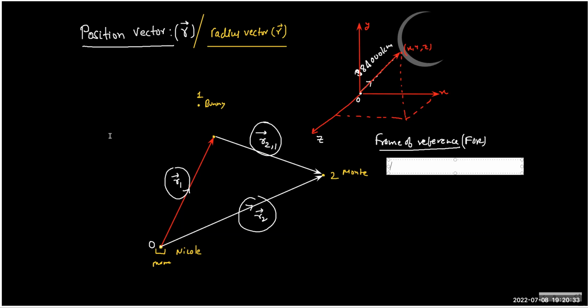So what we can say, an origin, or you can say a coordinate system, attached to some observer, generally called origin, is called frame of reference.